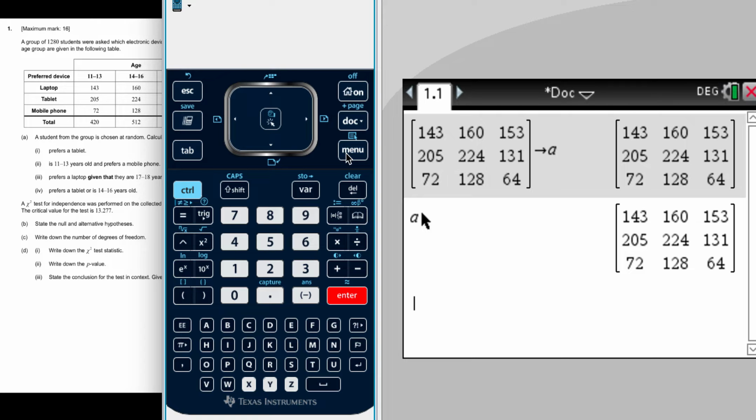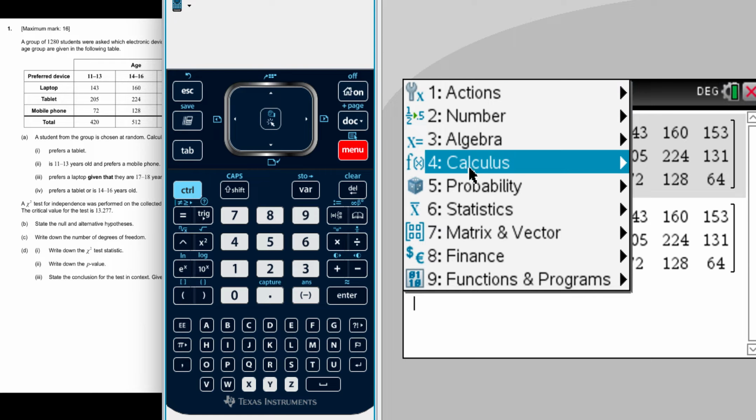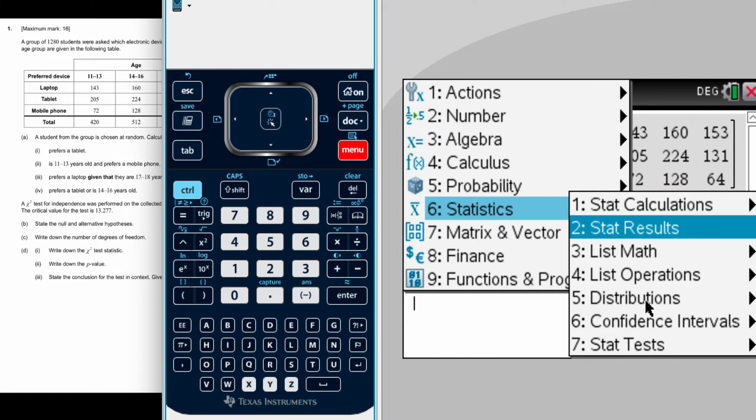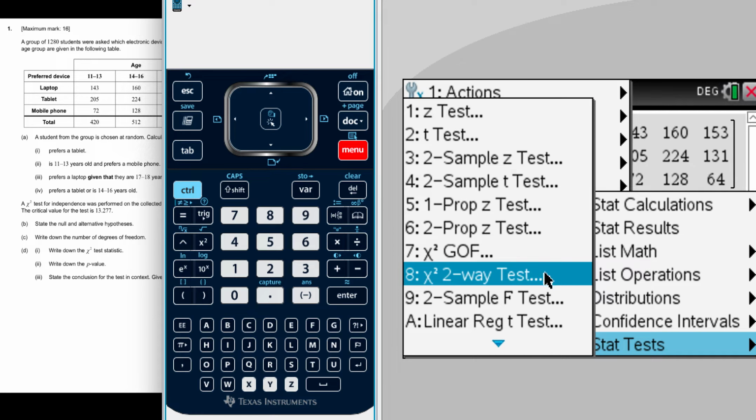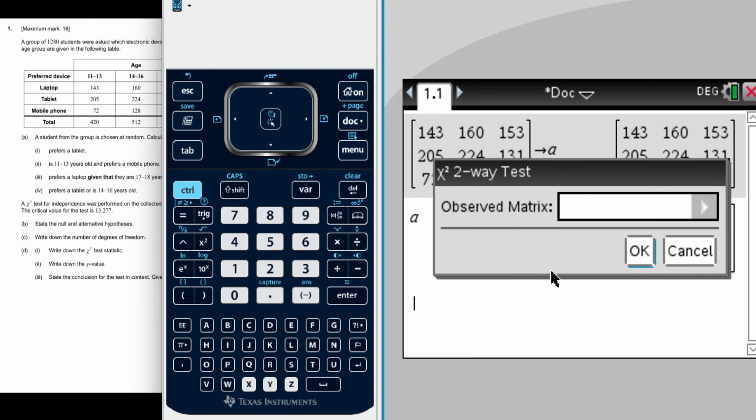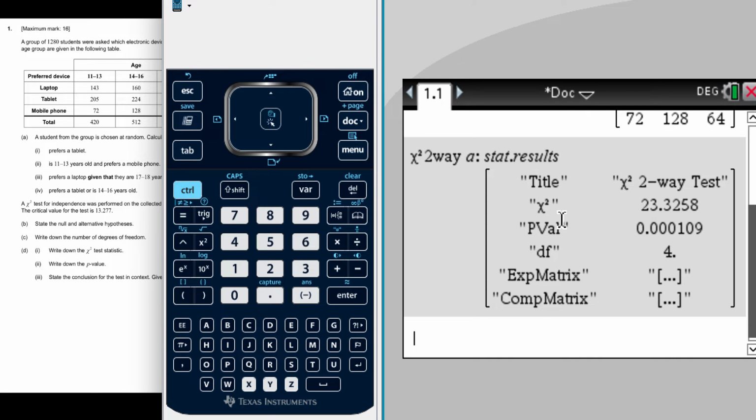Now I can do my chi-squared two-way table. I do Menu, Statistics, Stats Tests, and it's a chi-squared two-way table. Then I put the letter that I called the previous matrix or the table of data. And here we've got the chi-squared value. When I'm writing it into my exam paper, I need to make sure I use 3 significant figures.